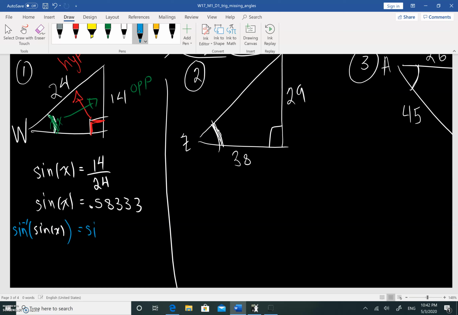It's equal to sine inverse of the number. So we have 0.58333. And then our answer is going to be, well, these two cancel out, so all we have left is x, and we have to put this part in the calculator.